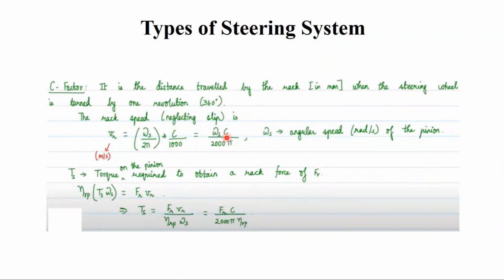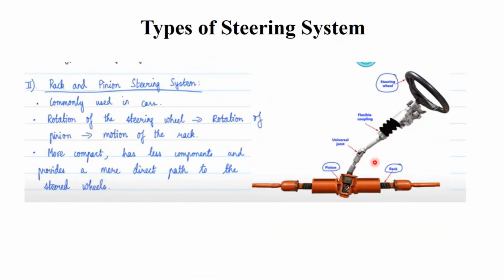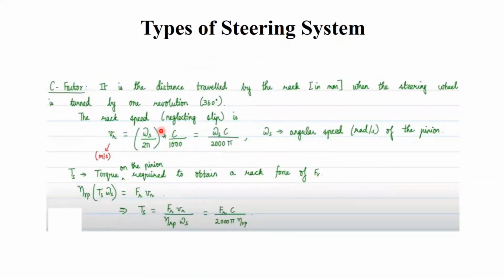And the rack speed, when you're neglecting the slip, this rack speed VR is nothing but the velocity of the rack, which is nothing but omega s by 2 pi into C by 1000, which can also be written as omega s into C by 2000 pi, where omega s is nothing but the angular speed, or radian per second, of the pinion.